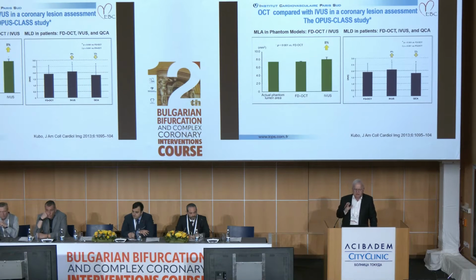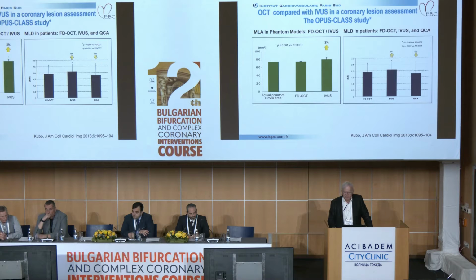OCT is giving exactly the measurement of the hole, and IVUS is oversizing the surface here by 8%. And on the right, you see that with OCT being the reference in measurement of diameter, IVUS is oversizing the diameter by 9%, and QCA undersizing the diameter by 5%.